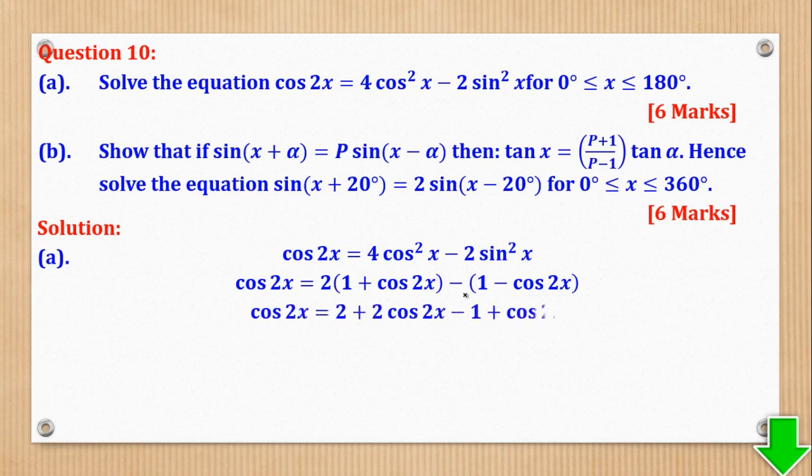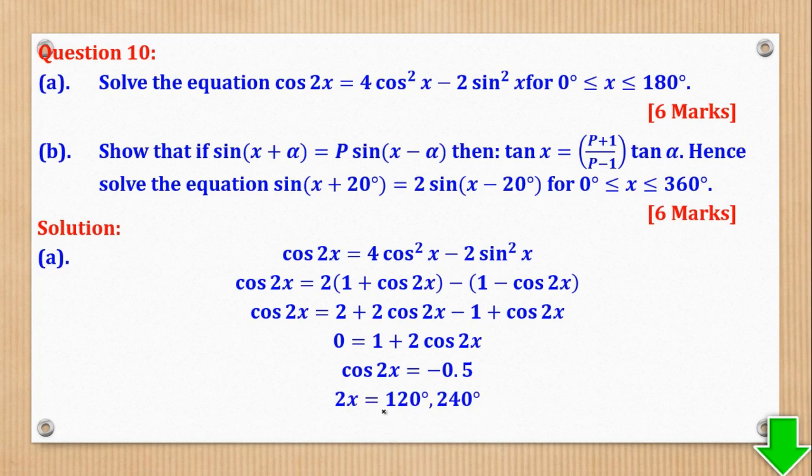Then open brackets and collect like terms. When I open brackets, you realize that this and this cancel. Then this minus this is 1. Then this is that. Therefore, make cos 2x the subject to give you negative 0.5. 2x will have 120 and 240.